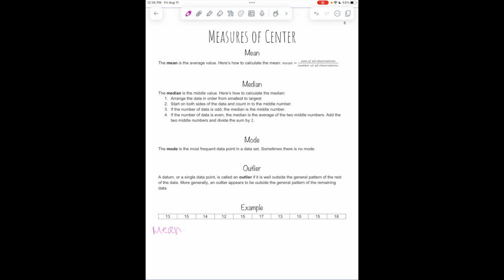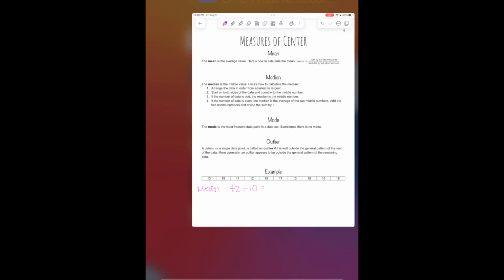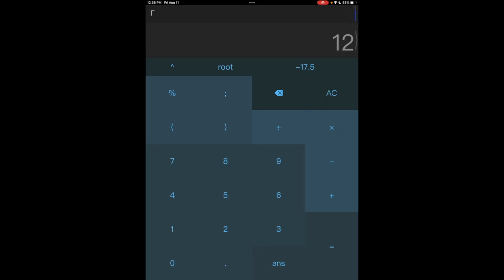When you add all of those up, you get 142. Then I'm going to divide by how many of those I have. So I have 1, 2, 3, 4, 5, 6, 7, 8, 9, 10 data points. So I'm going to divide 142 by 10. 142 divided by 10 is 14.2.